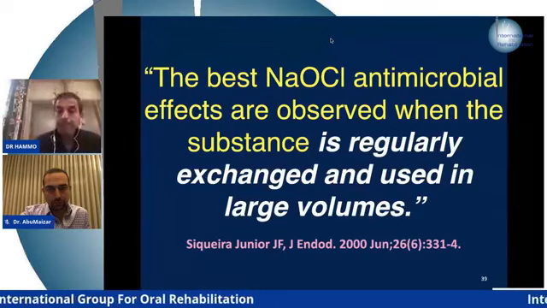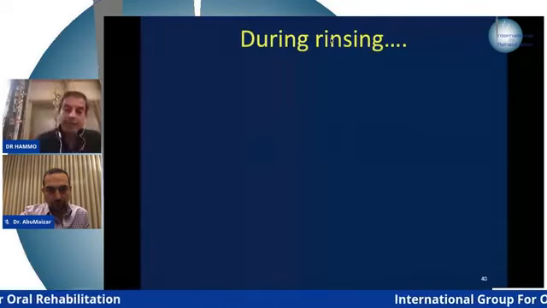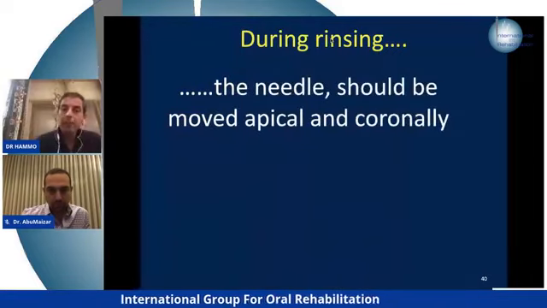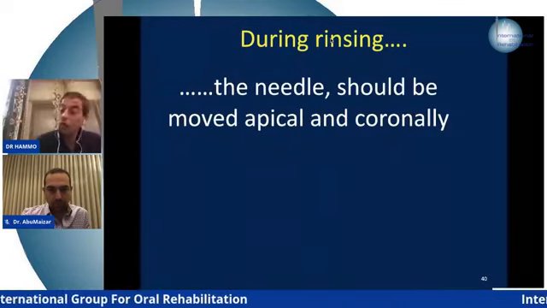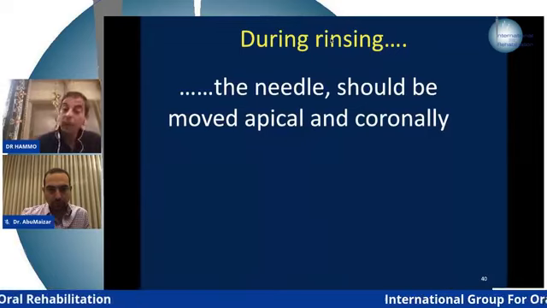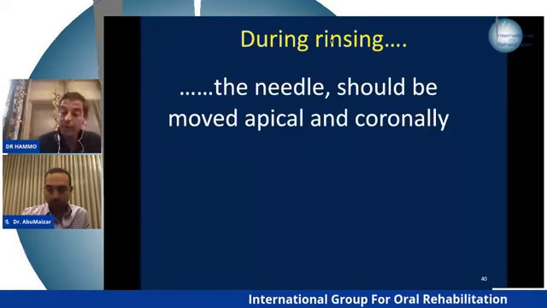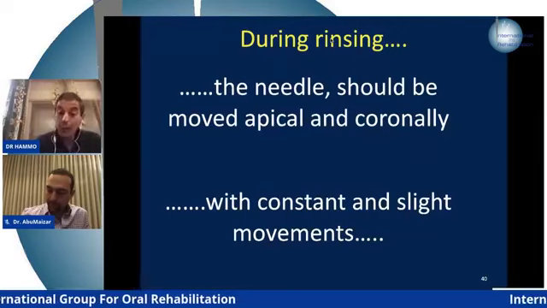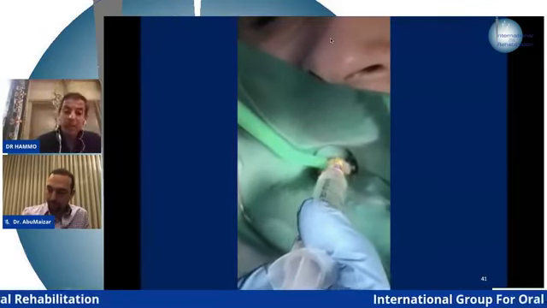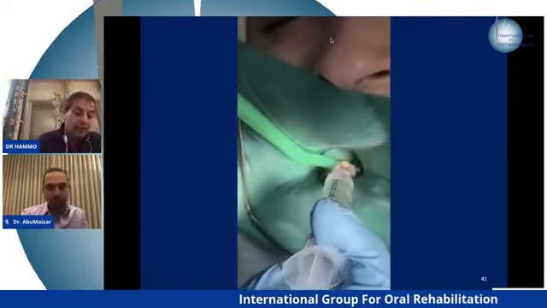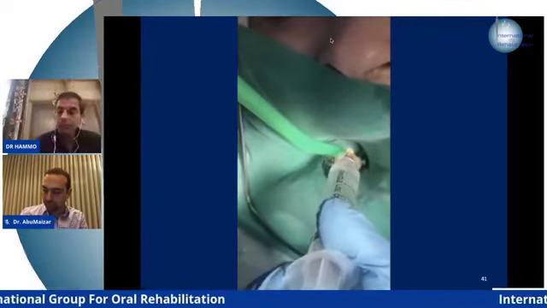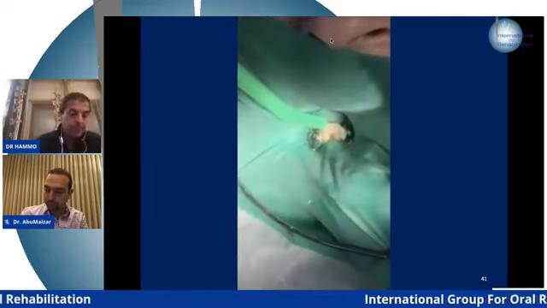Now, during irrigation, remember, the needle should be moved apically and coronally. Don't stop moving your needle, and you will know why after a while. And with slight movement. Why do we do this? We are irrigating a lot, and we keep moving our needle.